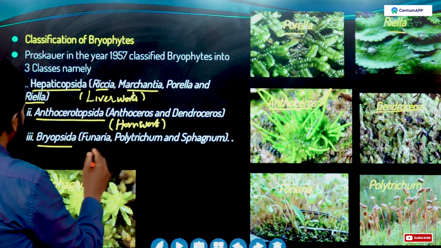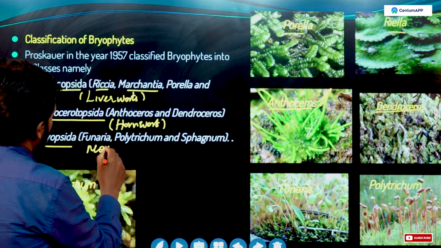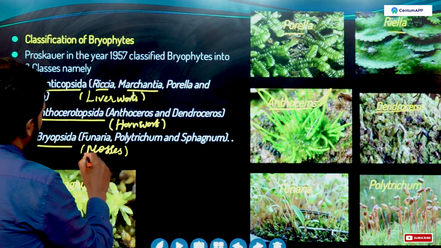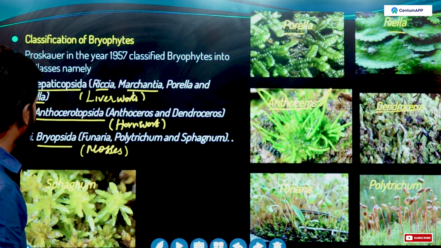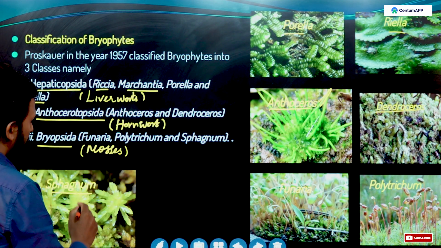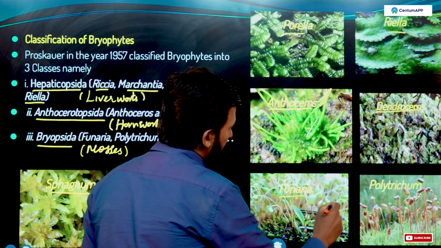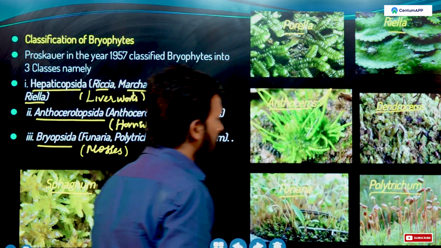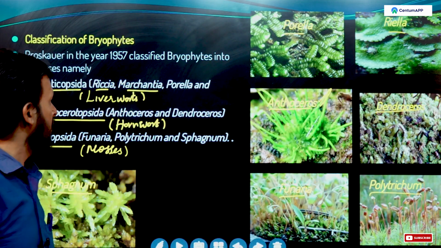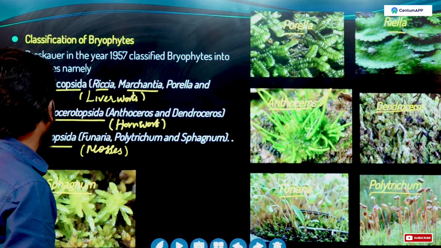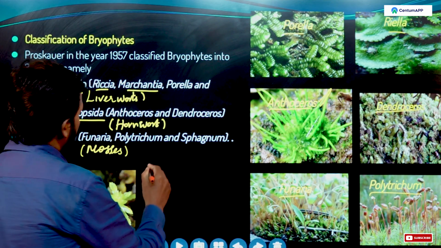And finally Bryopsida, we say mosses: Funaria, Polytrichum and Sphagnum. In our NEET syllabus, what plants are included?